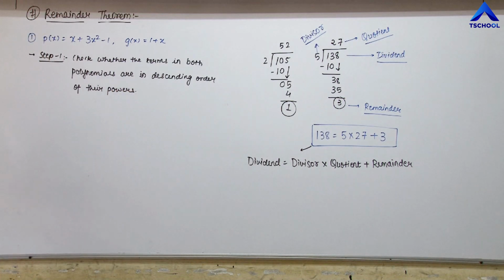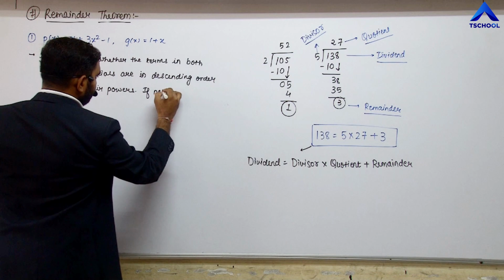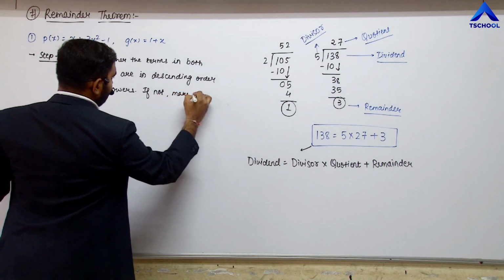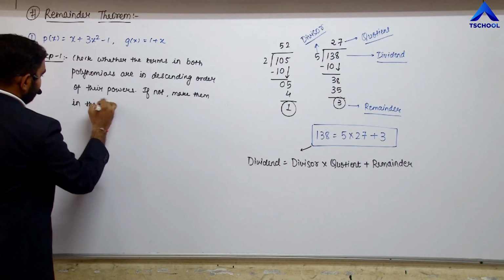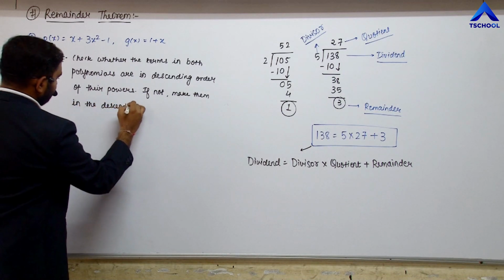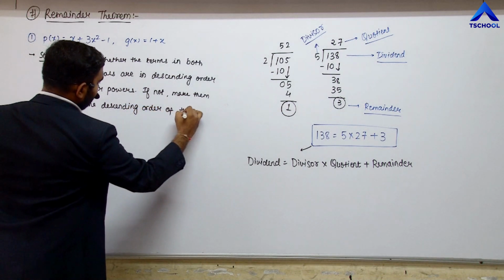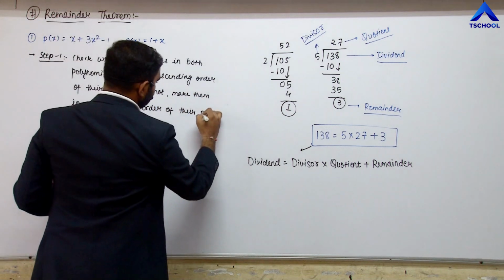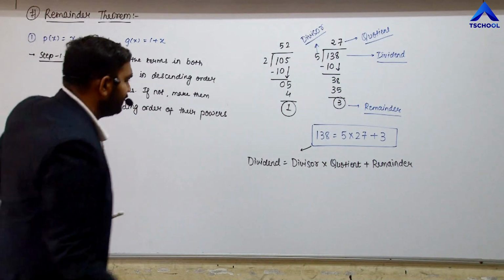Check whether the terms in both the polynomials are in descending order of their powers. If not, make them in the descending order of their powers. Right? So I am going to perform it here in the next thing.